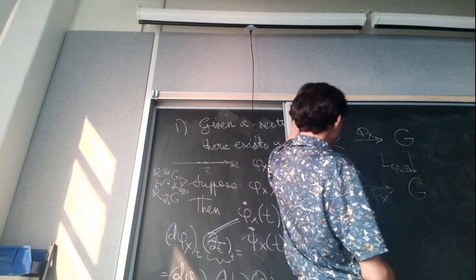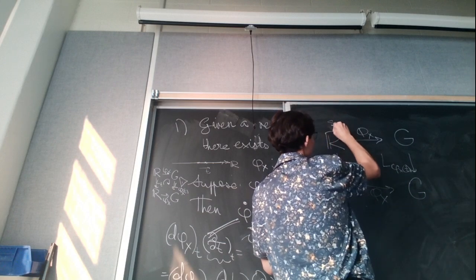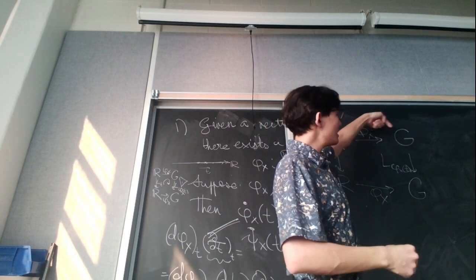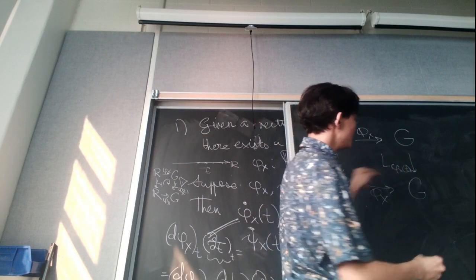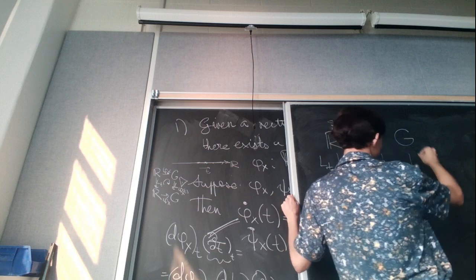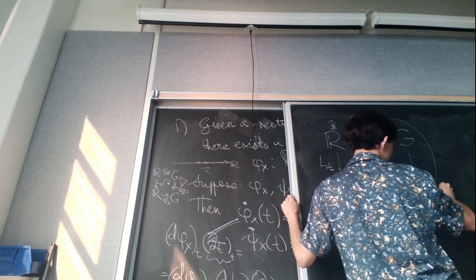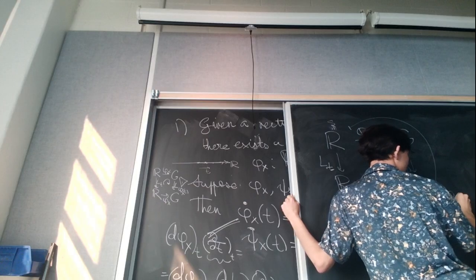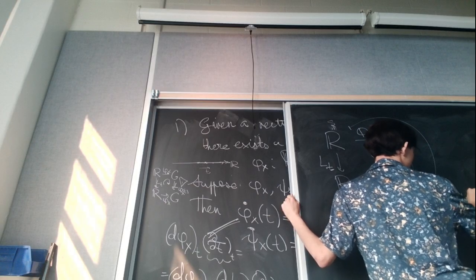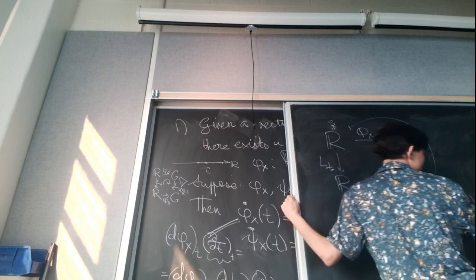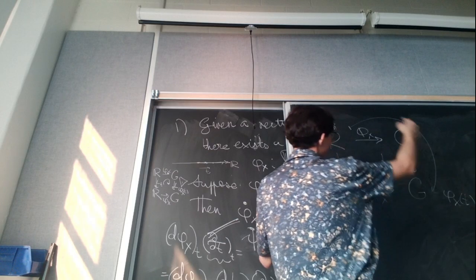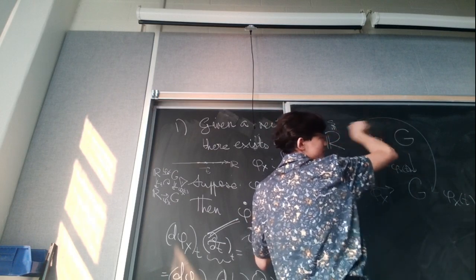You need to take some time s here, apply phi_x to it, and then multiply it by phi_x(t) on the left. So this composition gives you phi_x(t) applied to phi_x(s).